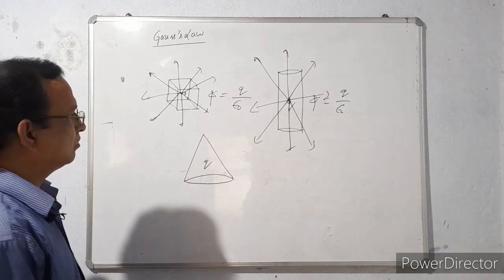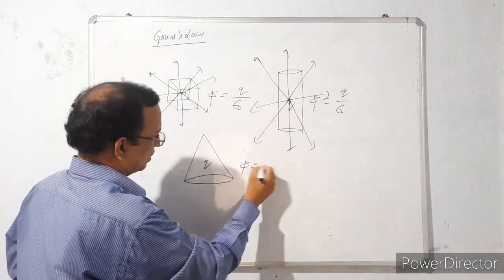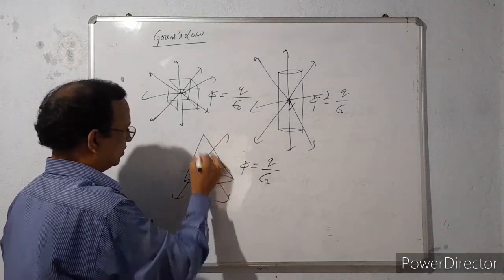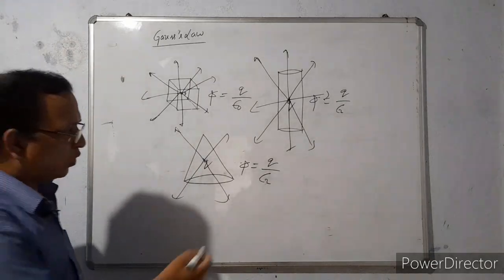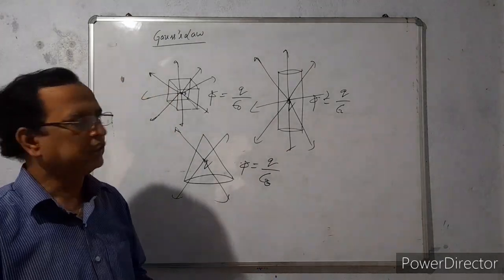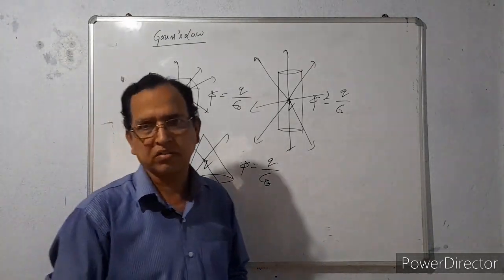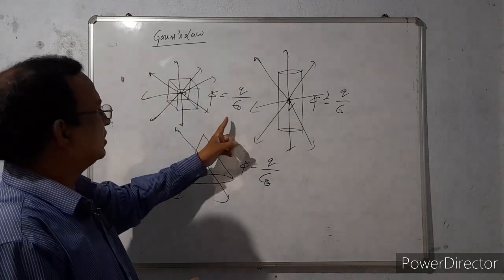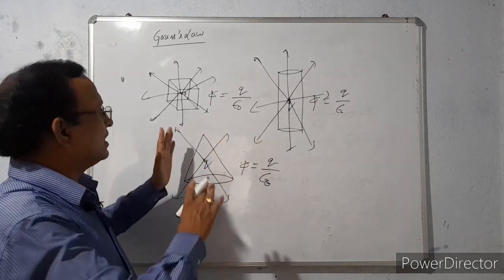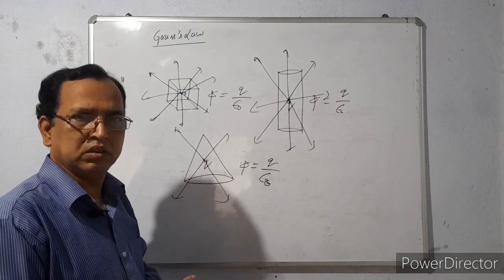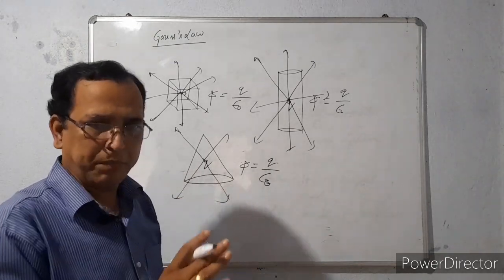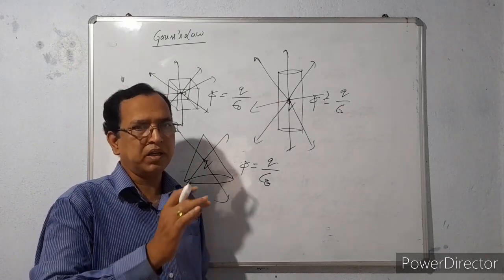So what is the flux? Phi is equal to Q by epsilon naught. Here also, so we confirm phi is equal to Q by epsilon naught. This is Gauss law. So we confirm the flux does not depend upon shape and size both. Flux does not depend upon the size and shape of a body.